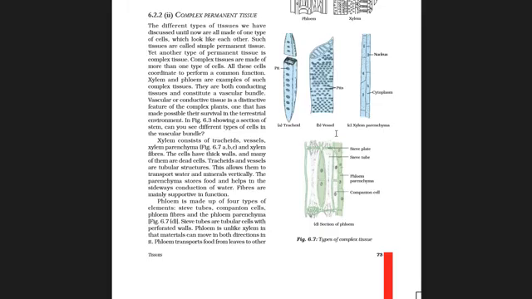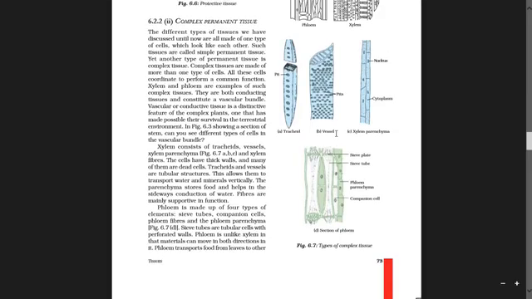They are both conducting tissues and constitute a vascular bundle. What is the main point here? That these two are conducting tissues. Children, conducting means they transfer things from one part to another, and they constitute a vascular bundle.